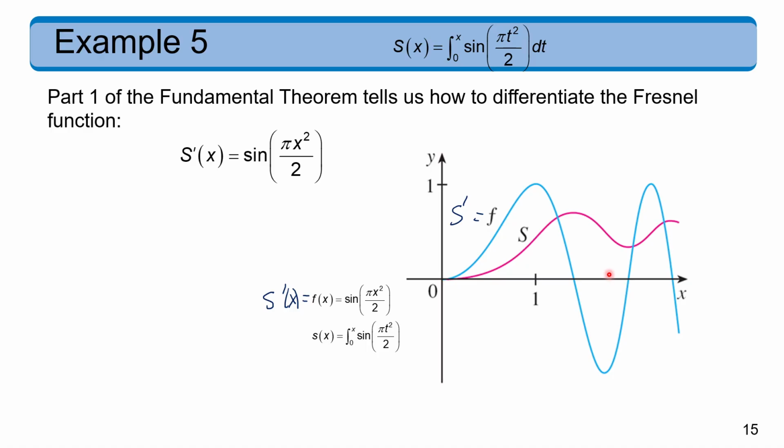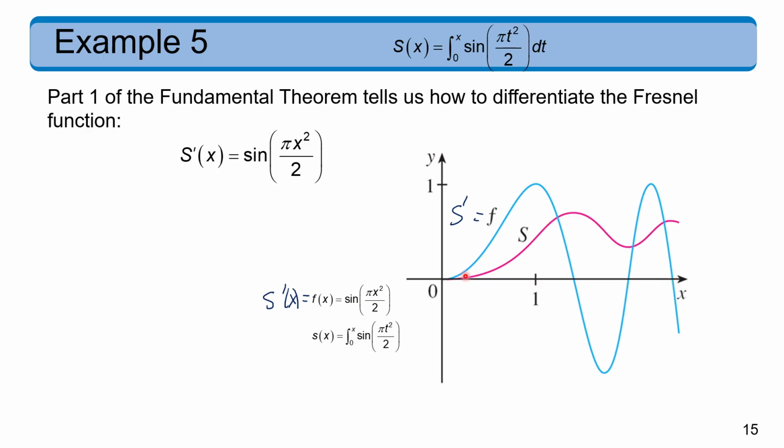And some important points to notice would be where you have horizontal tangents. So right here, horizontal tangent, so at this x value, the derivative value will be 0, right, because the horizontal line has slope 0. And notice the blue curve has a y value of 0 at that same x coordinate. There's another one here, horizontal tangent, so slope 0. Notice the blue curve is 0. There's another one here, notice the 0.